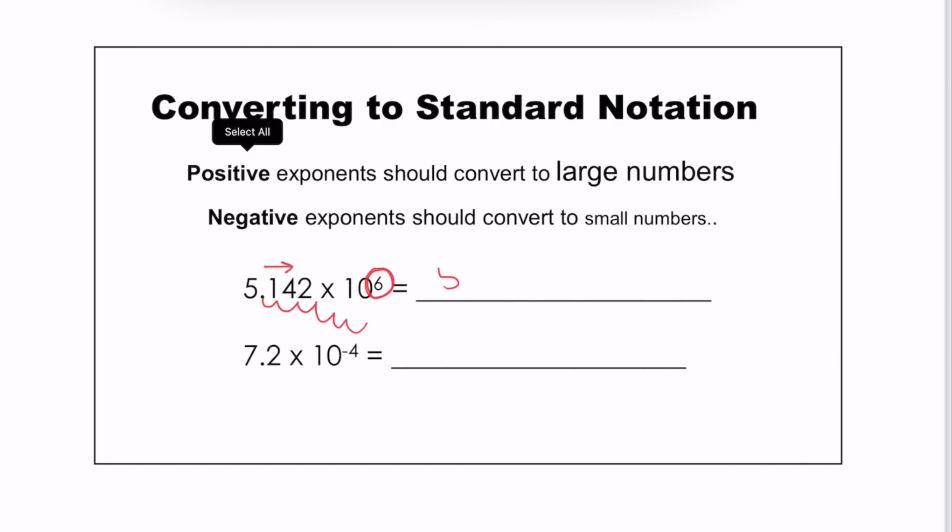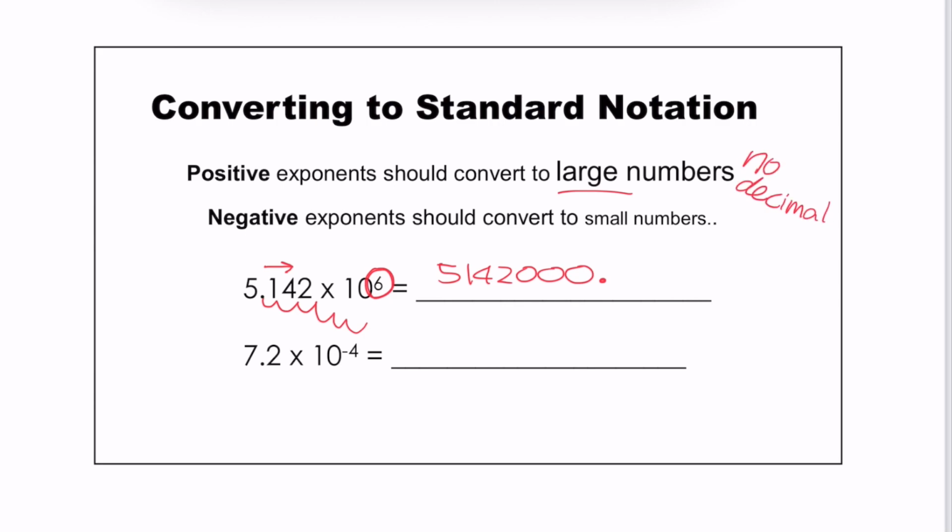So it's going to be 5, 1, 4, 2, 1, 2, 3, and decimal there. But how do we have these place value holders? We're just going to simply add zeros in there. This is going to look like 5142,000. And then a common question I get asked is, should you put a decimal there? And I'm going to go ahead and let you know, in large numbers, no decimal.